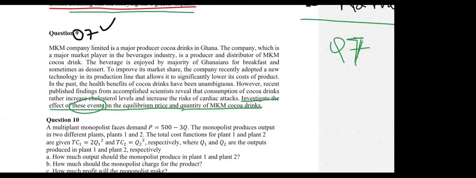To improve its market share, the company recently adopted a new technology in its production line that allows it to significantly lower cost of product. This is event one.